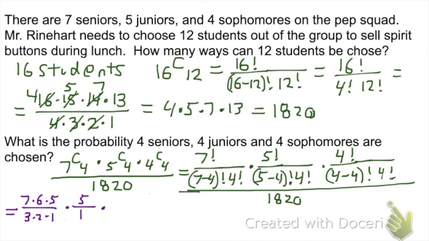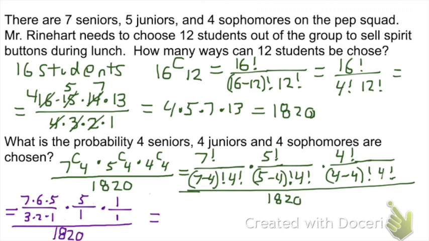We have 4 factorial, which cancels to 1 in the numerator. And we have 4 minus 4, which is 0 factorial. And if you recall from earlier in the slides, I said that 0 factorial by definition is 1. And this is why it is 1, because this happens with combinations or permutations. All divided by 1820.